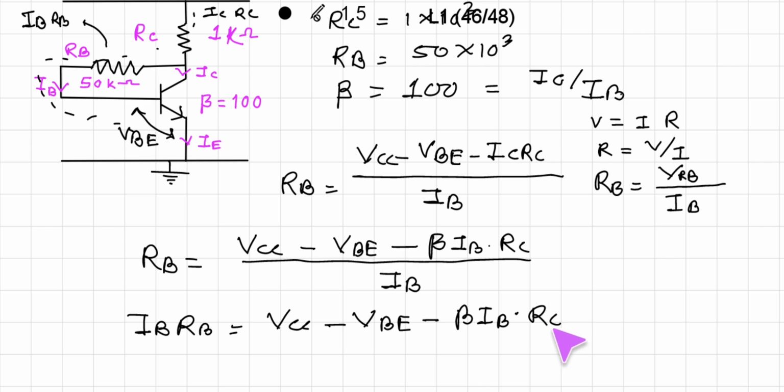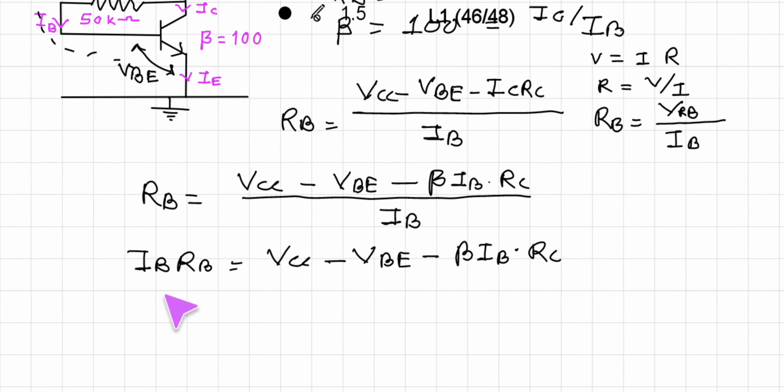So remember that RC is given, that is 1 kilo ohm. VBE is known, that for silicon is 0.7 volt. VCC is known, so we have these three values. We have to calculate IB.